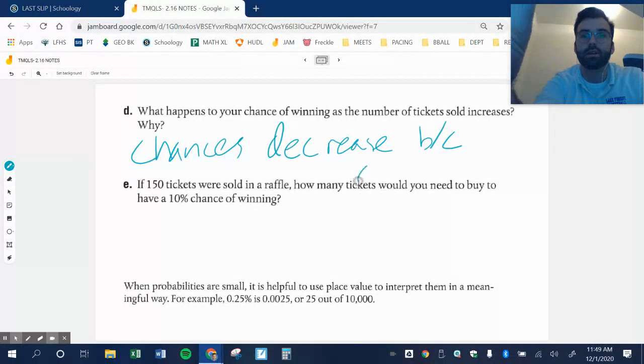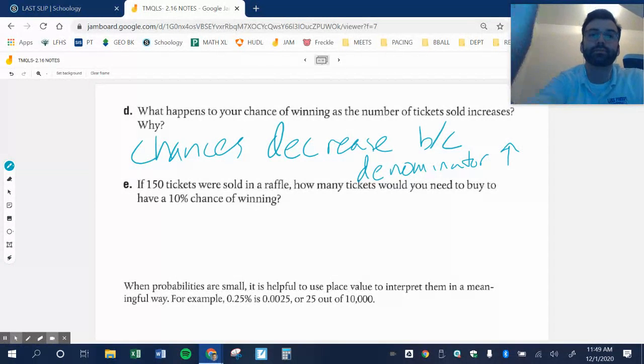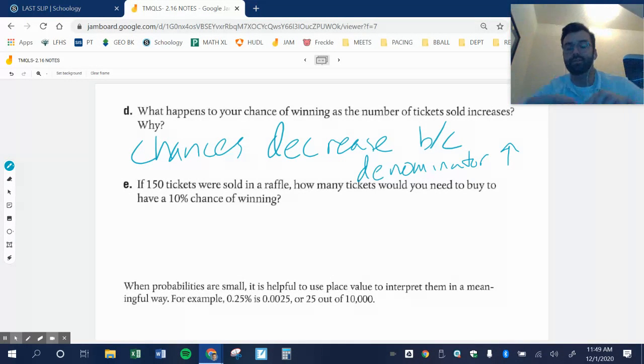Our denominator increases. If 150 tickets were sold in a raffle, how many tickets would you need to buy to have a 10% chance of winning?